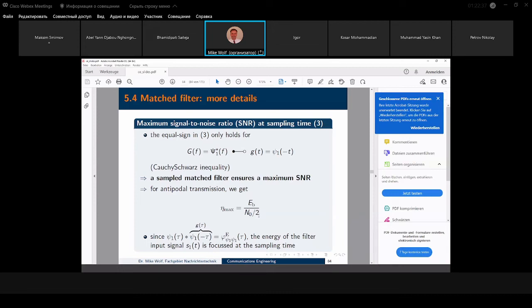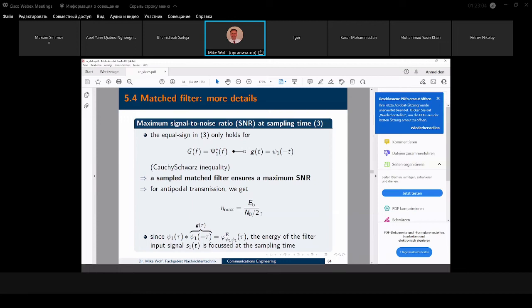In the previous equation, I said, sorry, misleading, eta is EB by N0 ratio. So the signal to noise power ratio at the sampling time is indeed EB by N0 by 2, so our noise power would be N0 by 2. But this is just a simple scaling.